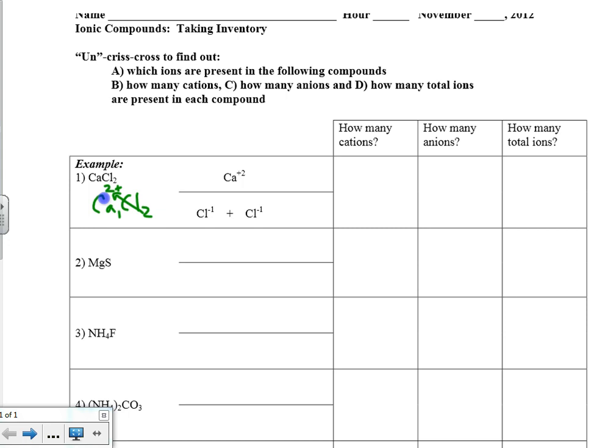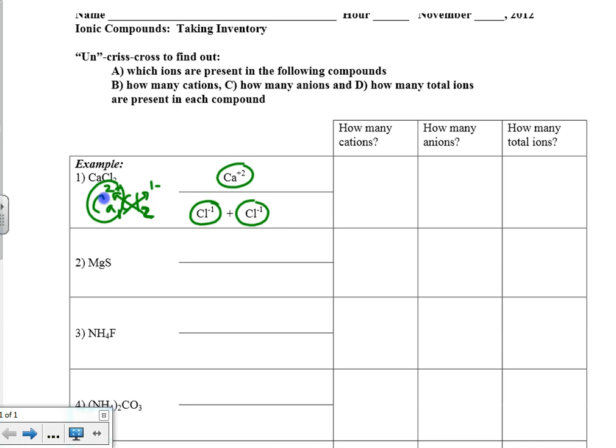The understood 1 on the calcium becomes the charge on the anion, so chloride was a -1. So there is 1 calcium +2 ion. The subscript 2 next to the chloride tells you that there were 2 chlorides, each with a -1 charge. I'm going to call this technique an uncrisscrossing.